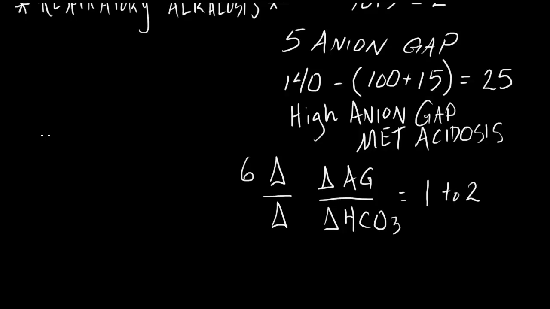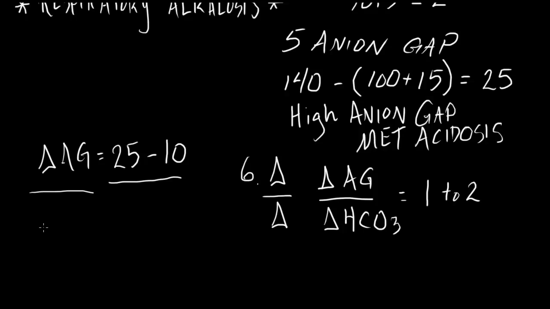Let's do the formula. So our delta anion gap is 25, that's our measured anion gap, less 10, which is our normal anion gap. Change in bicarb is the normal bicarb, which is 24, less what our bicarb is, which is 15.